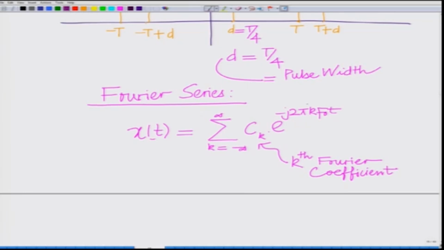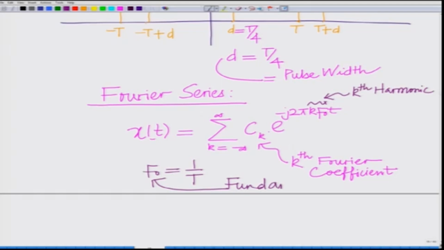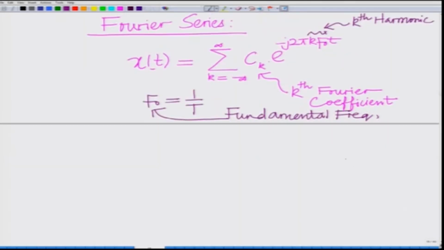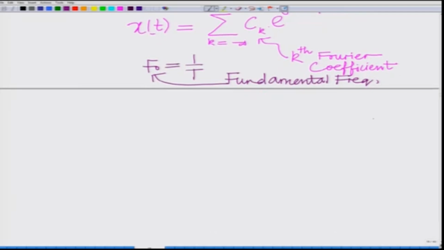This frequency k f naught, remember we said, is the kth harmonic, that is, the kth multiple of the fundamental frequency, where f naught equals 1 over T. This is the fundamental frequency, and we have also developed the relation to compute this Fourier coefficient C_k.